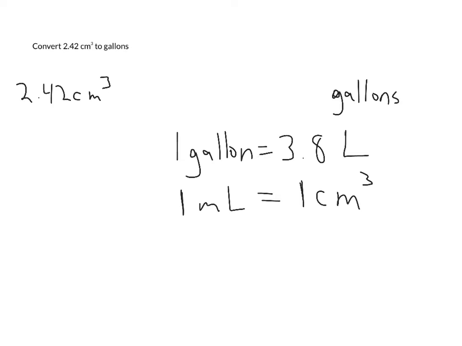And then the metric prefixes you have to have memorized. But 1 milliliter is equal to 10 to the minus 3 liters. So those are the equalities that are needed to solve this.